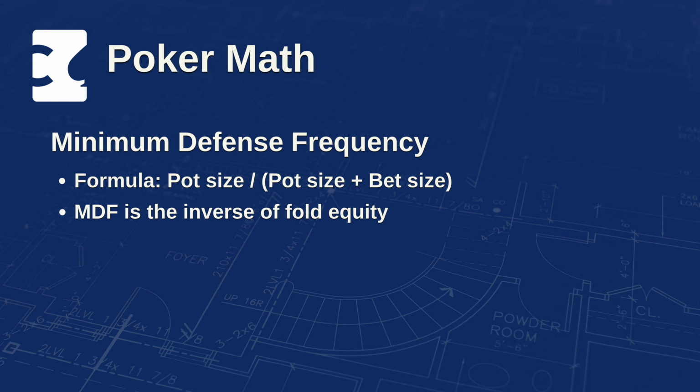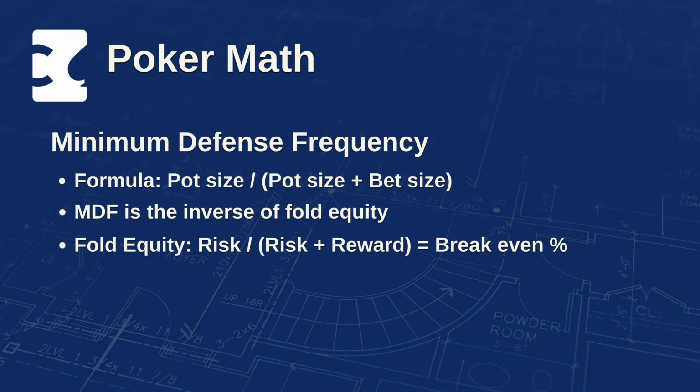So the equation here is risk over risk plus reward equals your break even percentage. And for me, I always remember this side, the risk over risk plus reward, for whatever reason sticks in my head better. So if you can remember that side of the equation, you can always figure out the other side, MDF, as well, because it's always going to be the inverse.